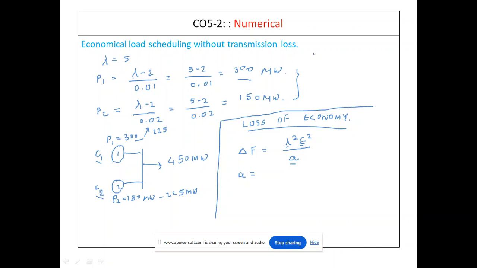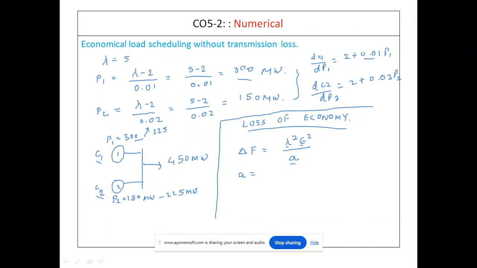Now we have found the incremental costs: dC1 by dP1 is 2 plus 0.01 P1, and for the second plant dC2 by dP2 is 2 plus 0.02 P2.